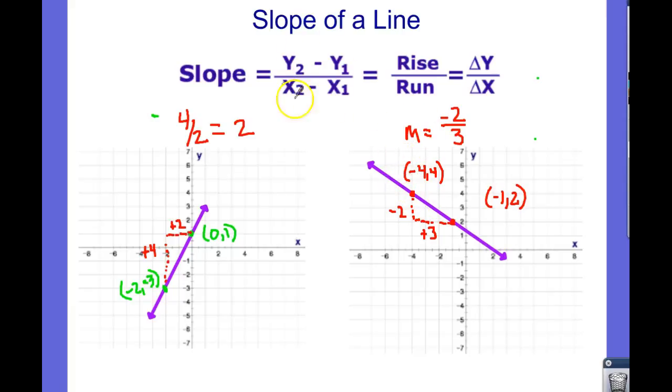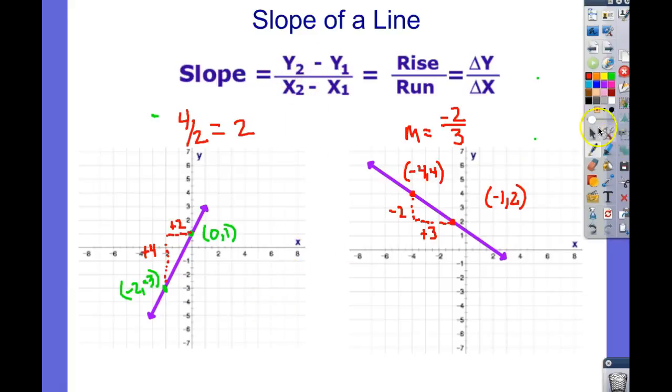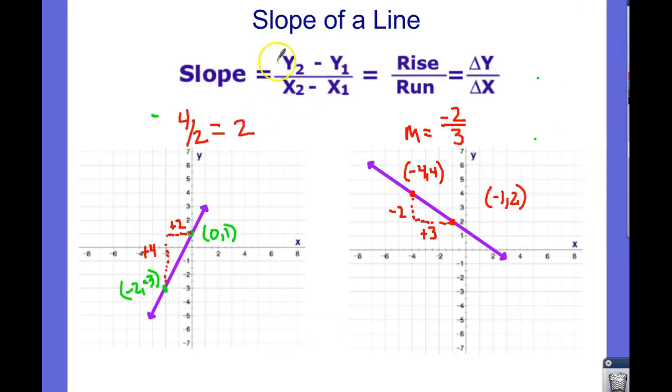Let's do them real quick with the slope formula. So let me choose a different color real quick. If I always start from left and then go to the right, that means that this right guy is my second one. So remember that this is your second one.